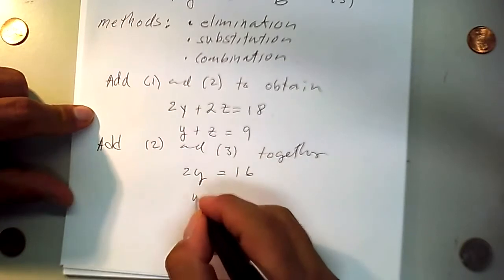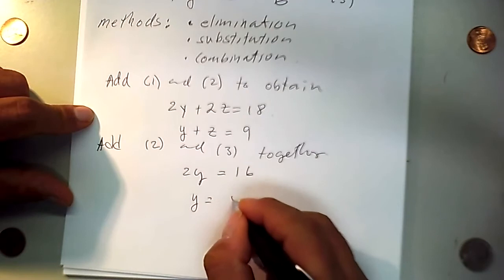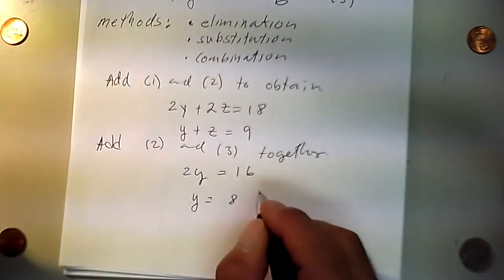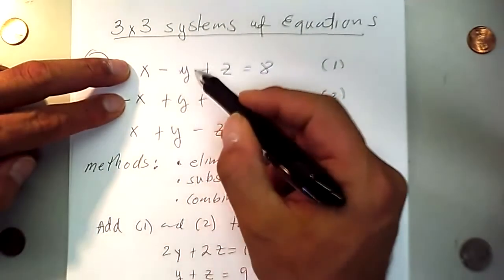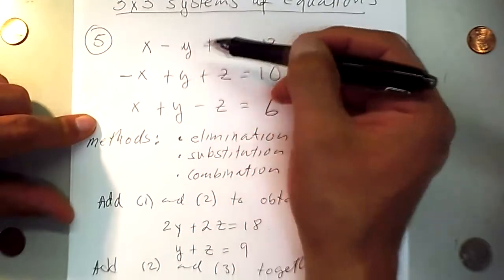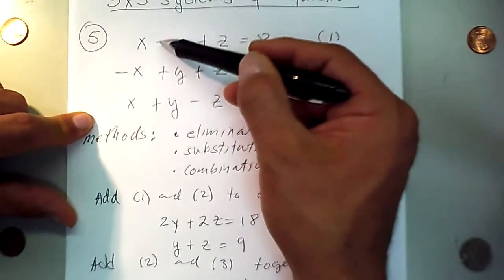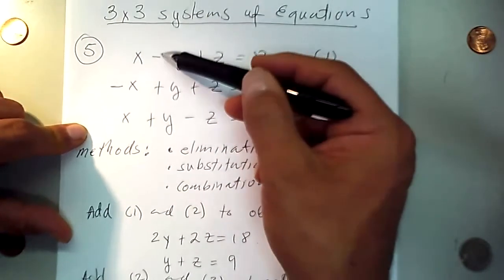That means that y is equal to 8. I was not anticipating that. Let me double check the previous step. Oh, I added wrong. Sorry about this. For some reason, I missed this negative. It is very obvious, but I missed it.